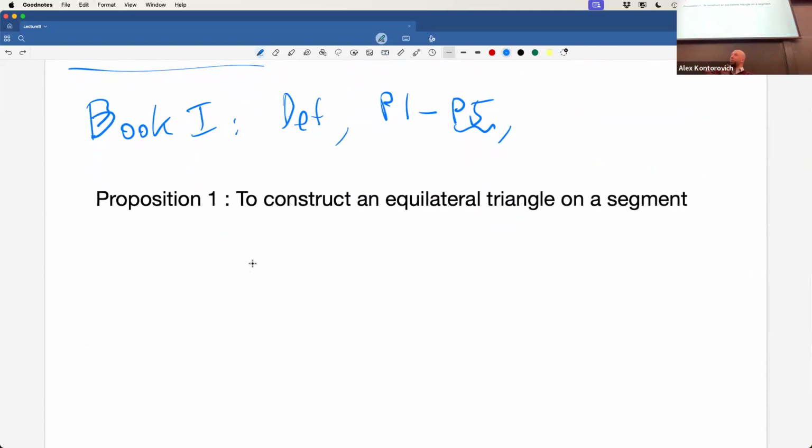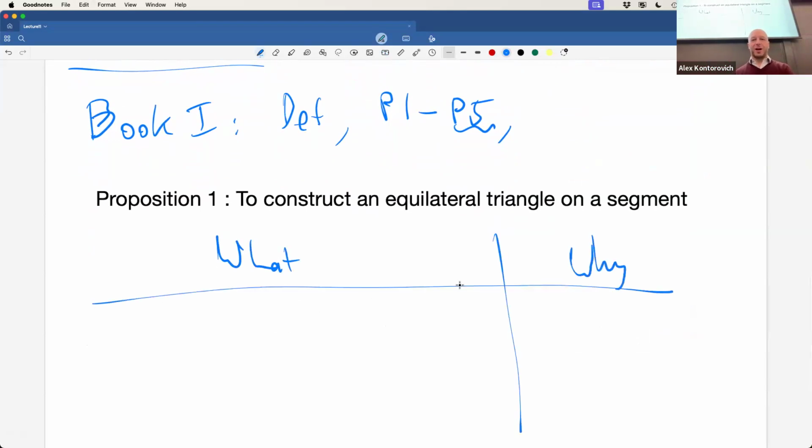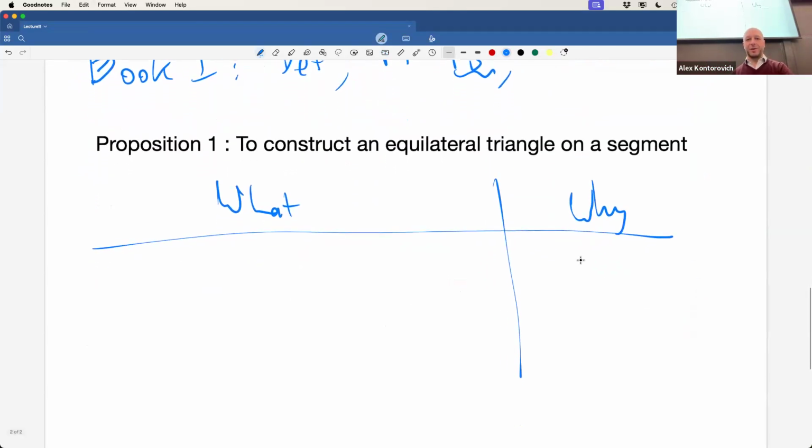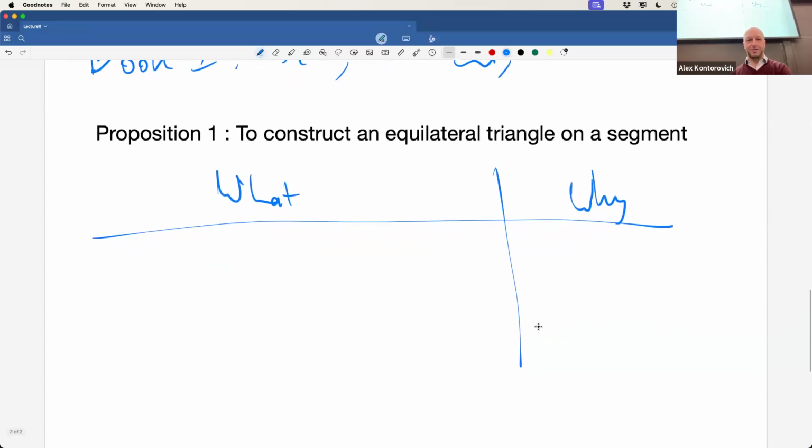This is very similar to what we discussed with Thales: people realized you need not just a statement of what's true, but a why. So there's a what and then a why.